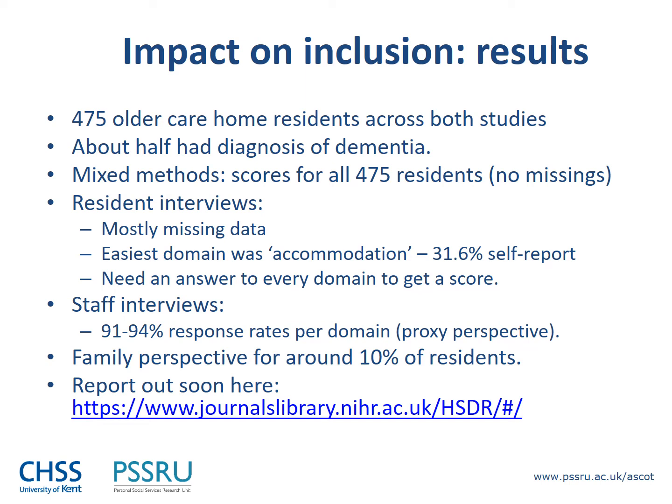Using the mixed methods approach that I've just described, we managed to get ASCOT scores, current and expected, and therefore gain, for all 475 residents who had no missing ASCOT data. However, had we relied exclusively on resident interviews, for example, we would have actually had the opposite. We would have had mostly missing data.